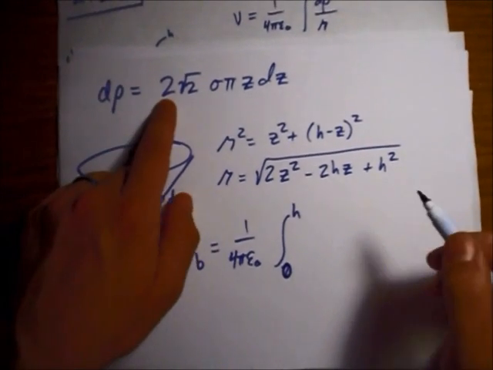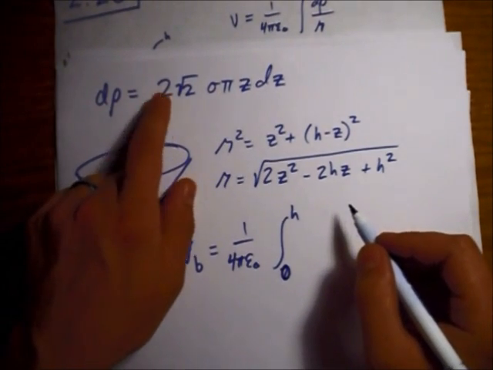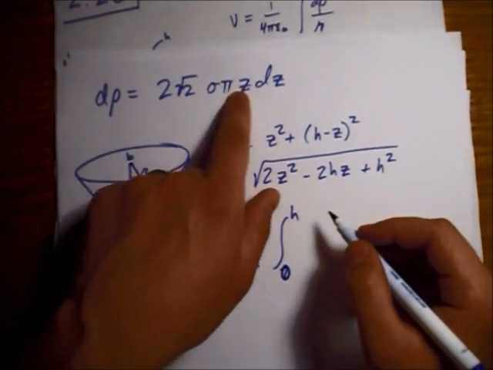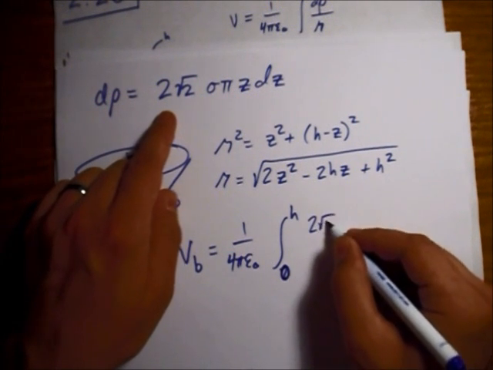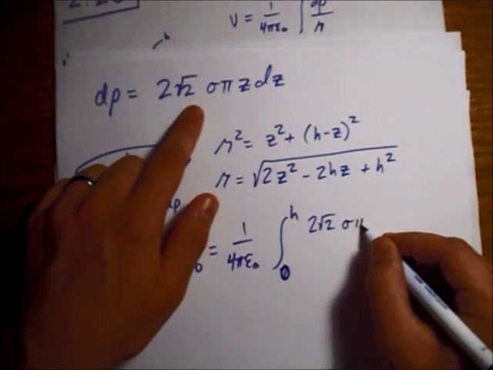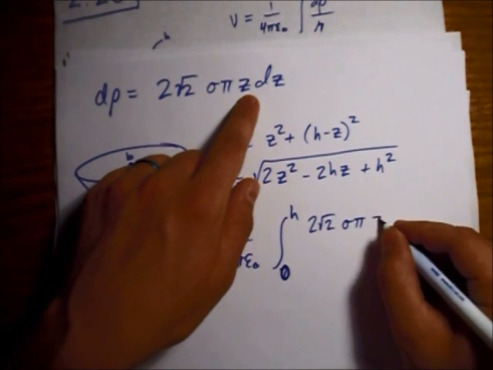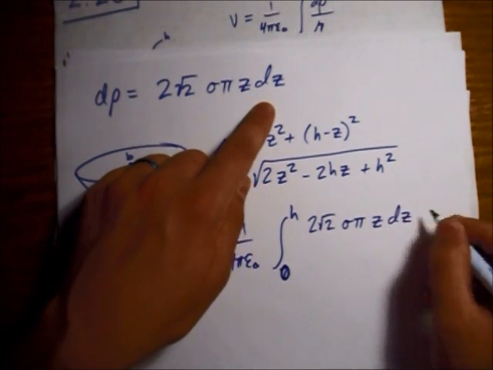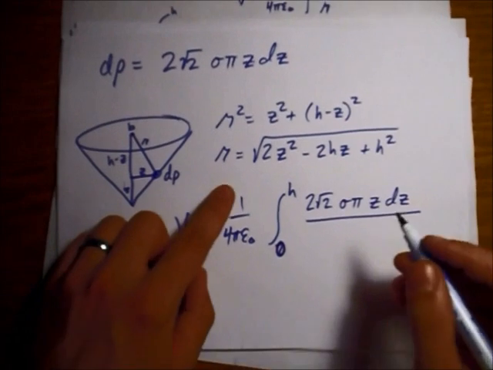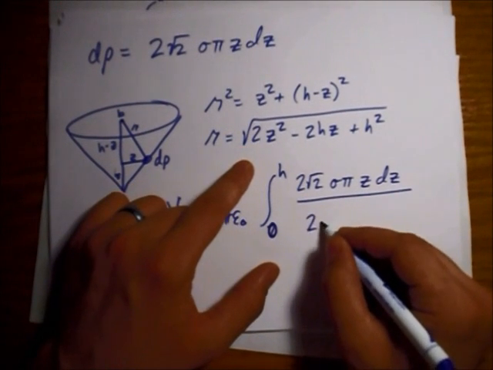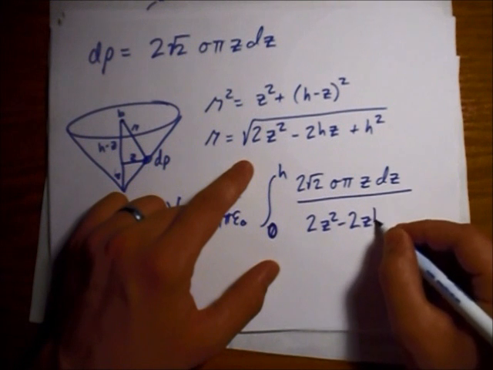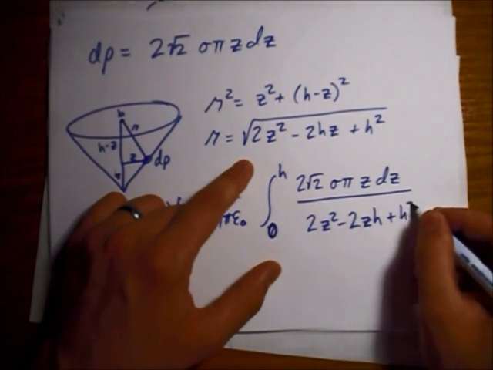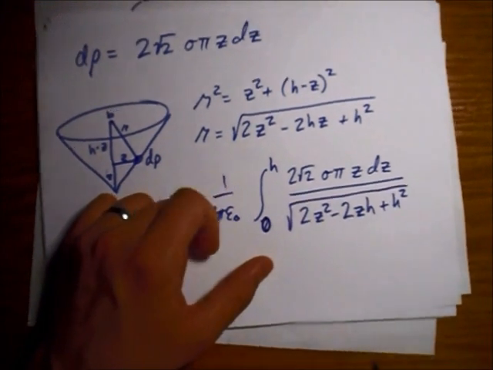Okay, and plugging in our infinitesimal piece of charge, right? 2 square root of 2 sigma pi z dz, and then on the bottom 2z squared minus 2zh plus h squared under square root.